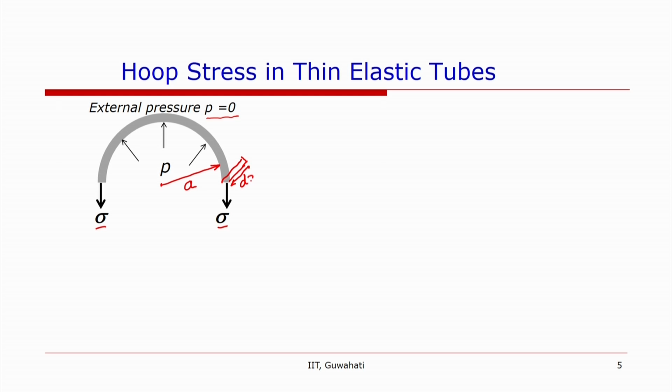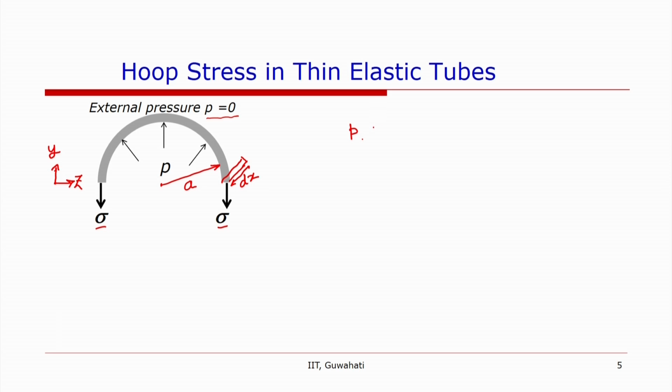Now because of the pressure, the normal force, if we say that this is the y and z direction, then the force in the y direction will be P into the projected area in the y direction.